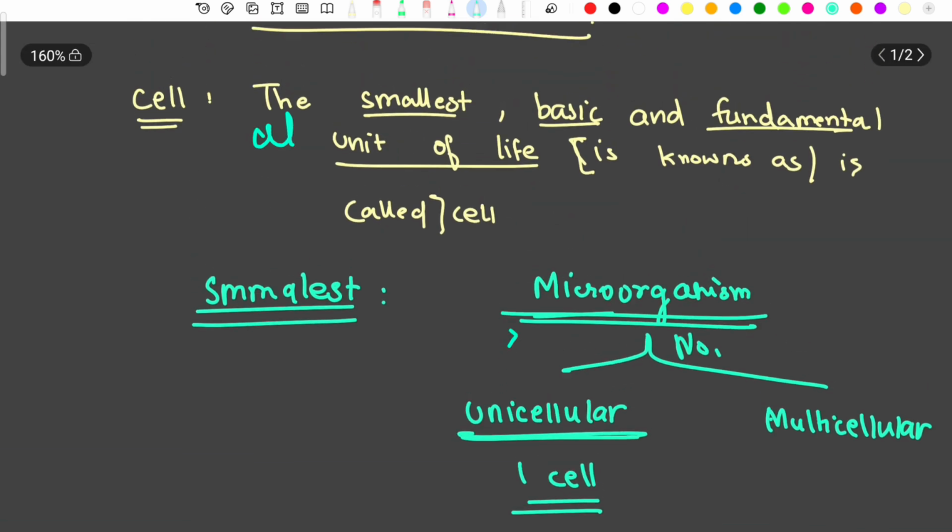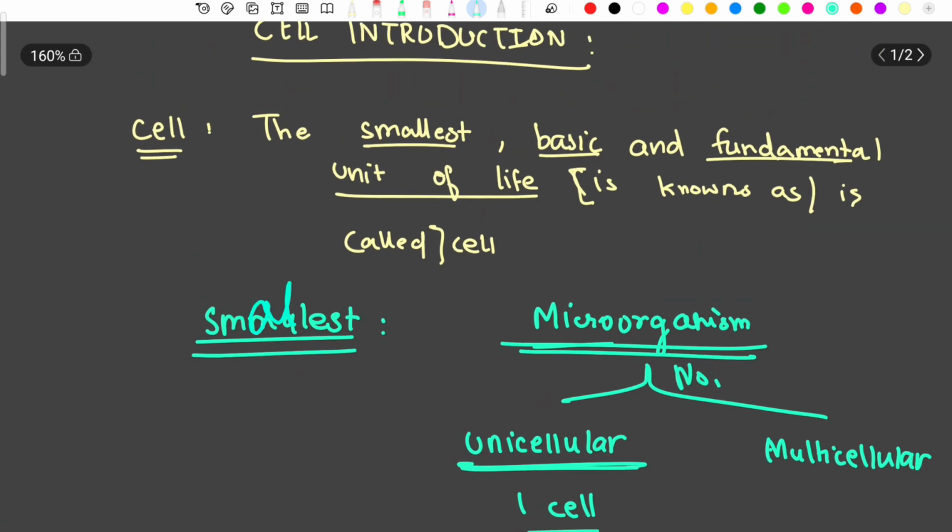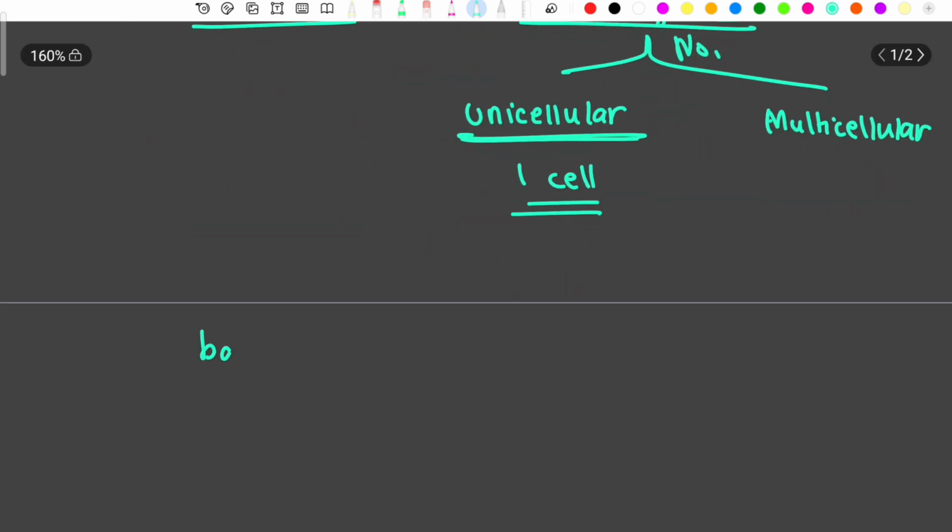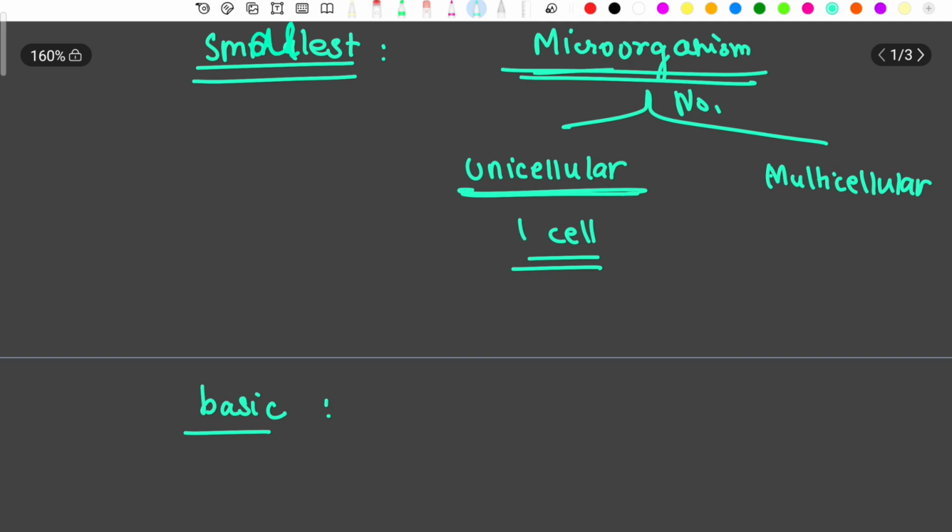Now, why is the cell known as the basic unit of life? Basic, not in the sense of acids, bases and salts, but basic because nothing is smaller than this. Nothing in our body is as advanced as a cell.